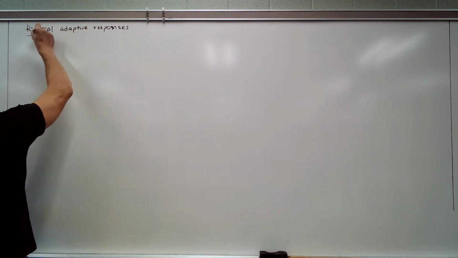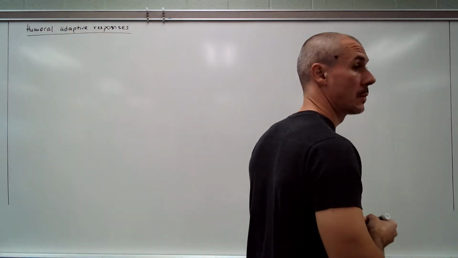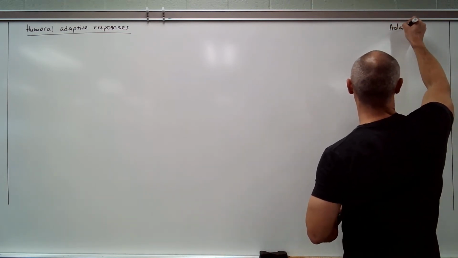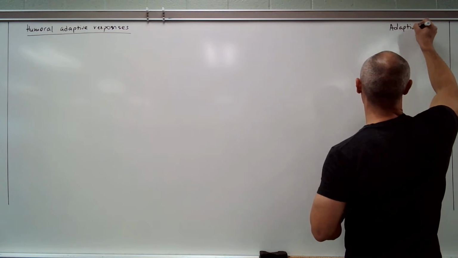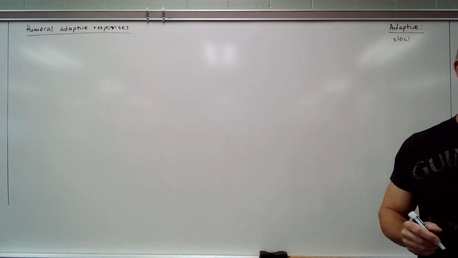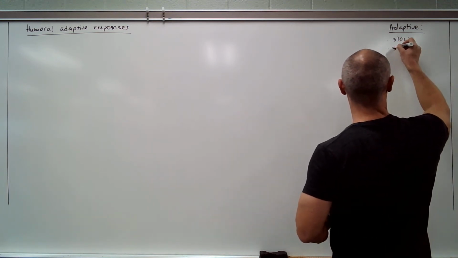So the common feature of all adaptive immunity in humans is that it is rather slow. It requires days, if not weeks, to develop. It's extremely specific.